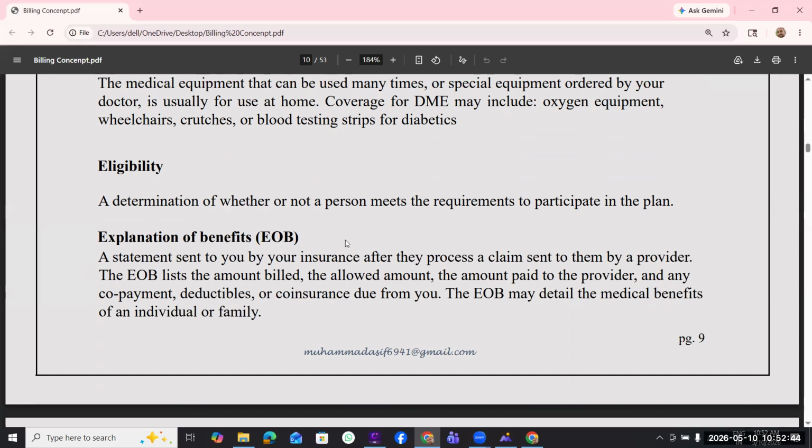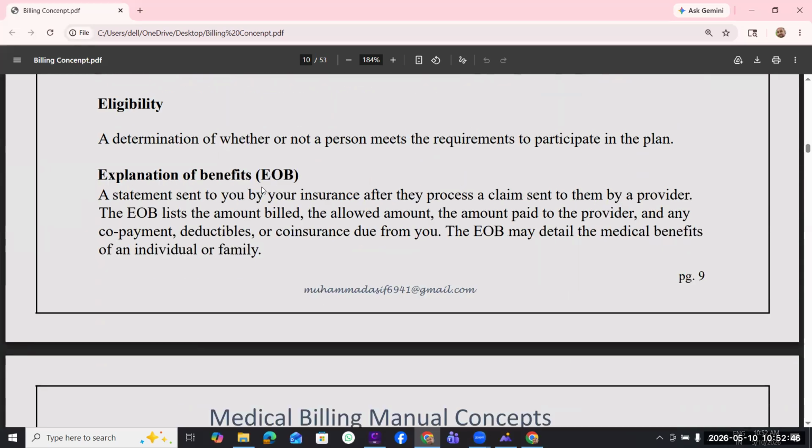The next term is explanation of benefits, EOB. A statement sent to the patient or you by the insurance company after they process a claim sent to them by the provider. The EOB lists the amount billed, the allowed amount, the amount paid to the provider, and any co-payments, deductibles, and co-insurance due from the patient.